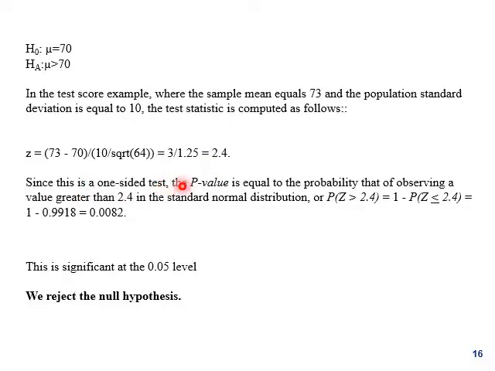Since this is a one-sided test, the p-value is the probability of observing a value greater than 2.4 in the standard normal distribution, and we got the value 0.0082, which is smaller than 0.05. So this is significant and hence we can reject the null hypothesis.